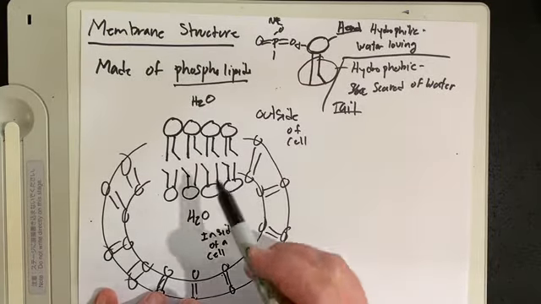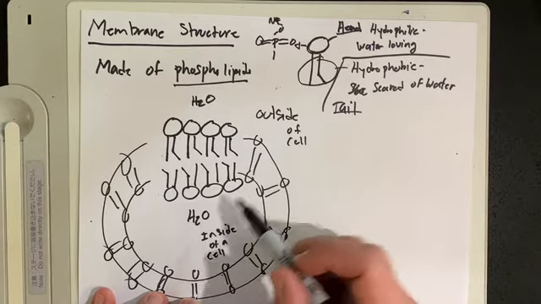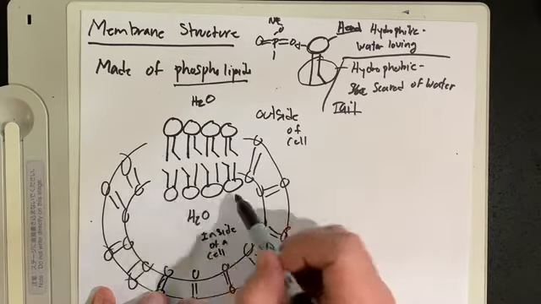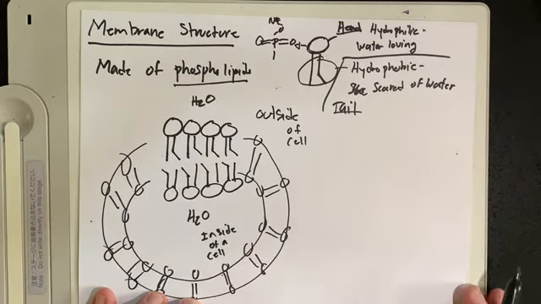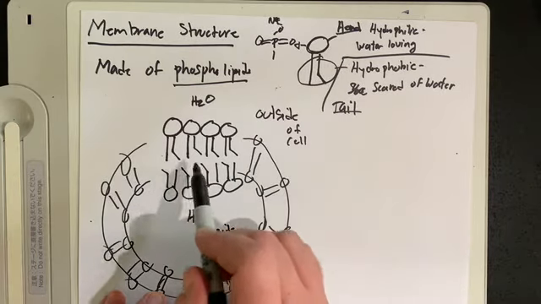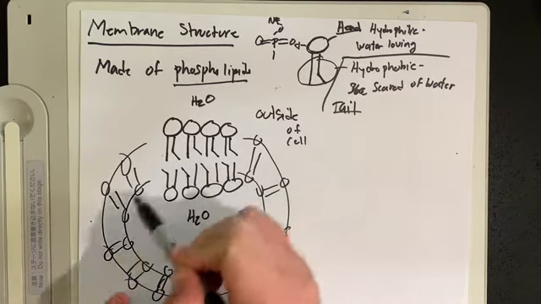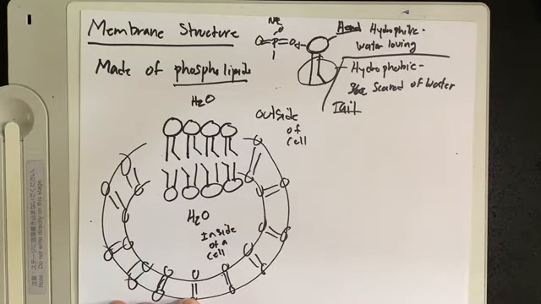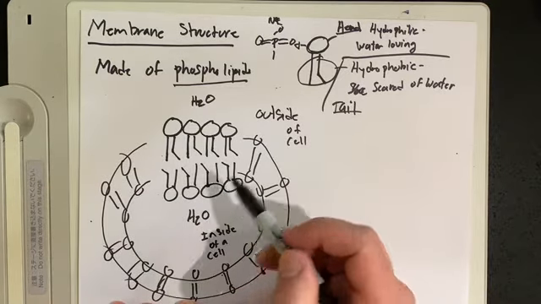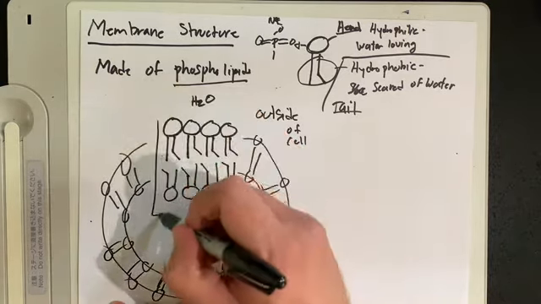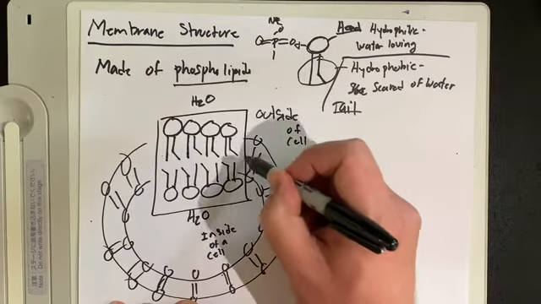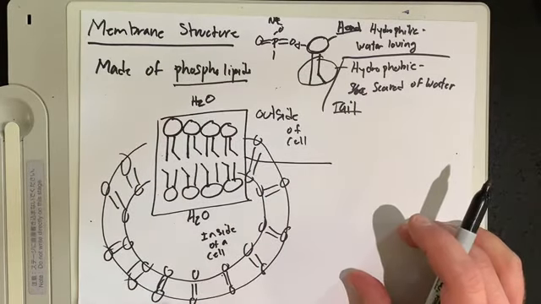Where you have an inside and outside, with water being on the inside and on the outside, and only these hydrophilic heads interacting with the water and the hydrophobic tails hiding from the water, creating this layer. So because we have two layers of phospholipids, we call this something very specific. We call it a phospholipid bilayer.